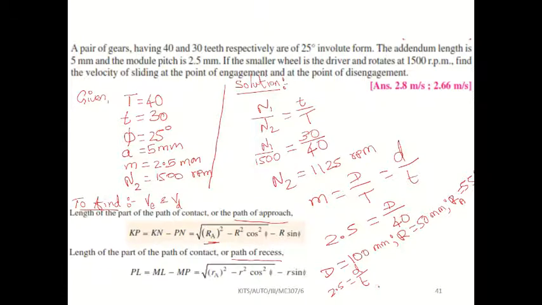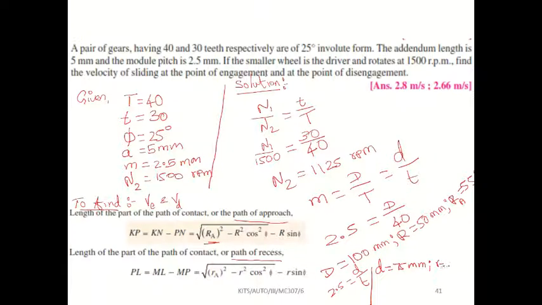So D equal to 2.5 into 30. 2.5 into 30 means we'll get 75 mm.